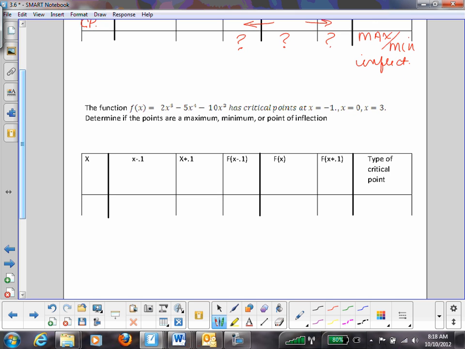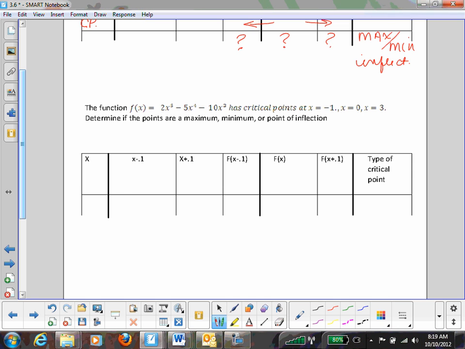Okay. So this says 2x to the what? Is that a 6 or a 5? Do you think it's a 5? Okay. Minus 5x to the 4, minus 10x cubed. So in your mind, what does this look like?